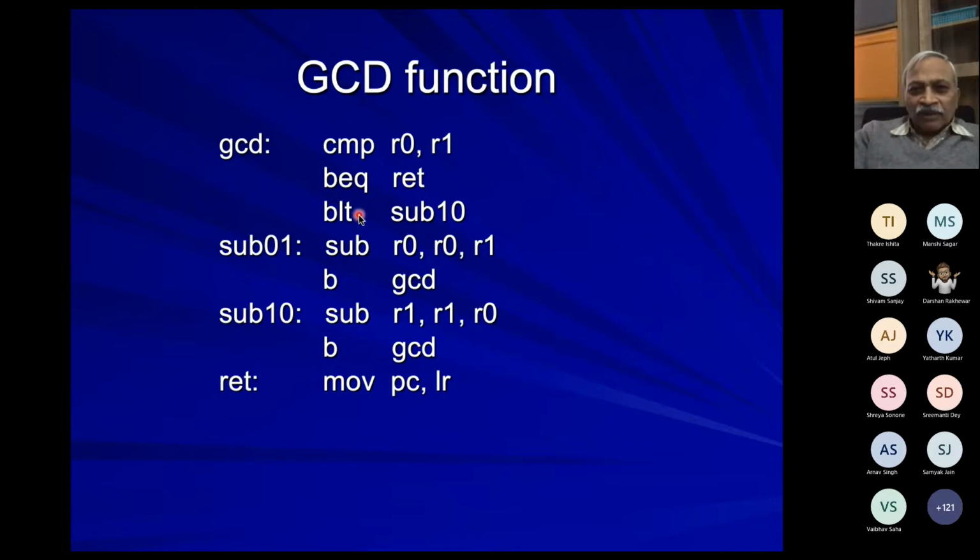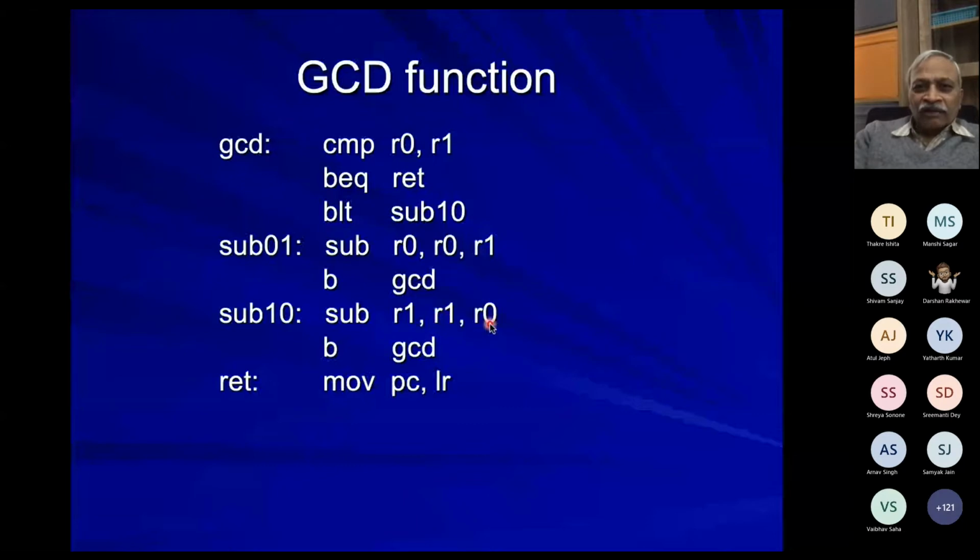You are coming here if the less than condition is not true. We compared R0 with R1. If R0 is less, then we come to sub 1, 0, where R0 is subtracted from R1.